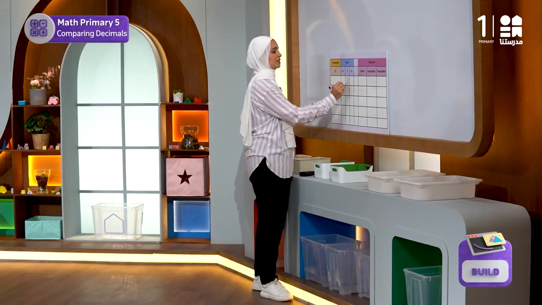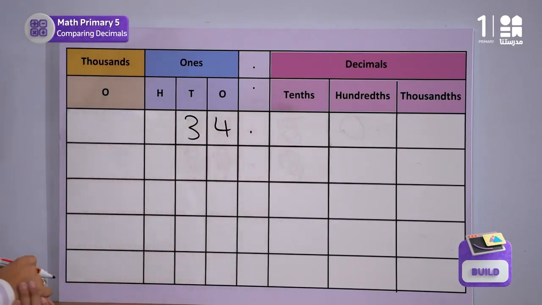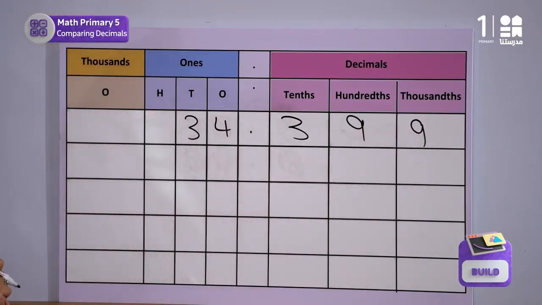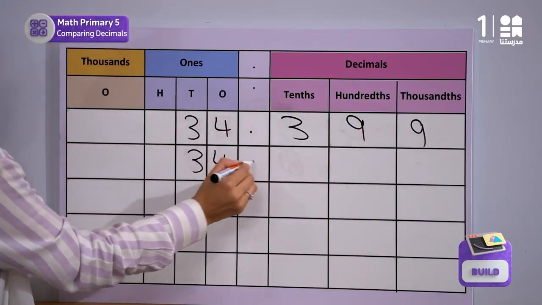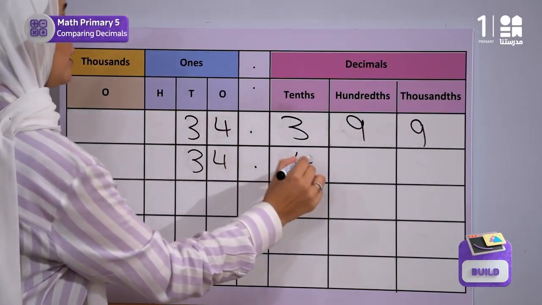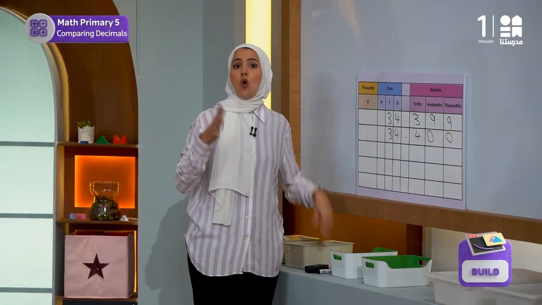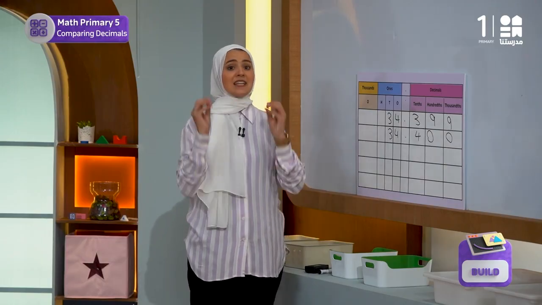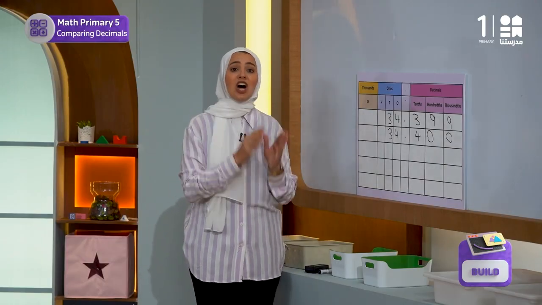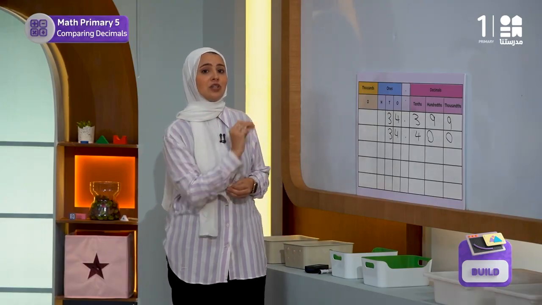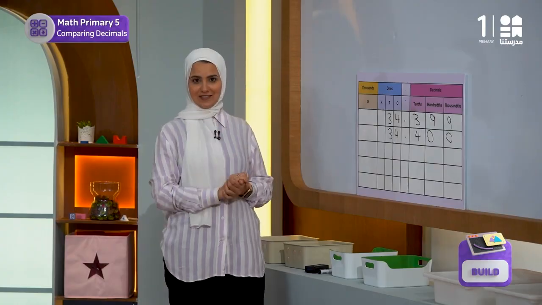I have 34.399 and I have 34.400. What's the best strategy to compare between them? Is it better to keep them side by side or vertically? What do you think? Let's see how my students answered.